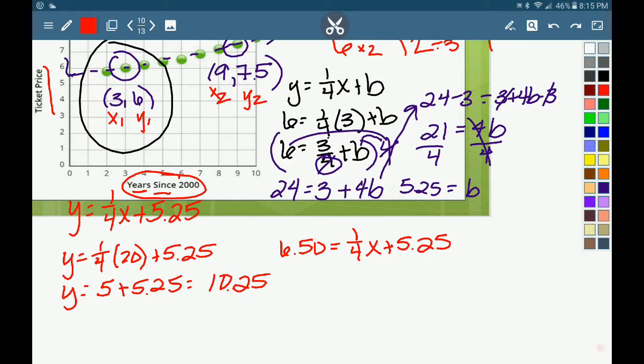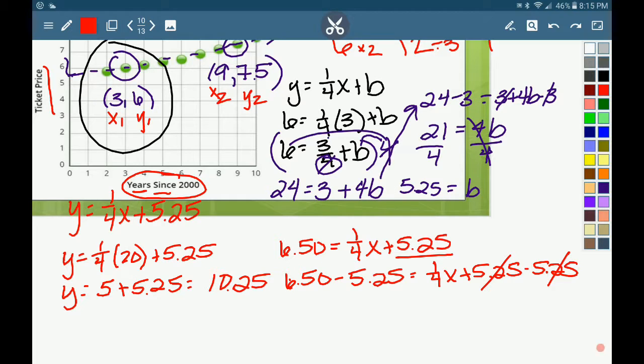So when we solve for x here, we first need to get rid of that 5.25. So we have 6.50 minus 5.25 is equal to 1/4 x plus 5.25 minus 5.25. We get 1.25 is equal to 1/4 x.